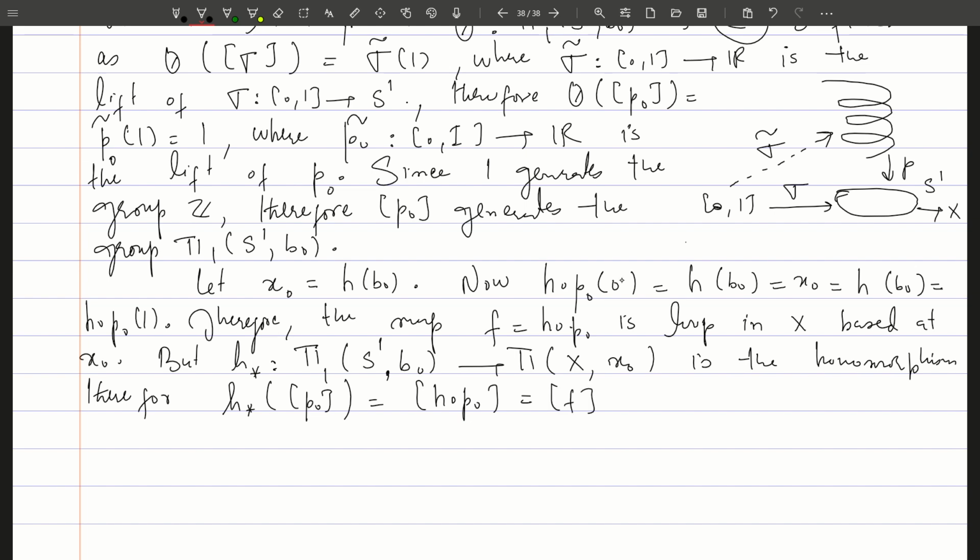Since h star is trivial, this homotopy class represents the identity element of the fundamental group of X based at x naught.